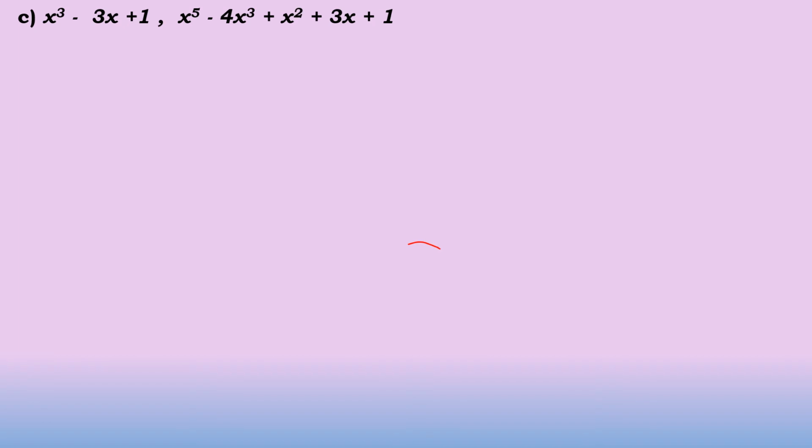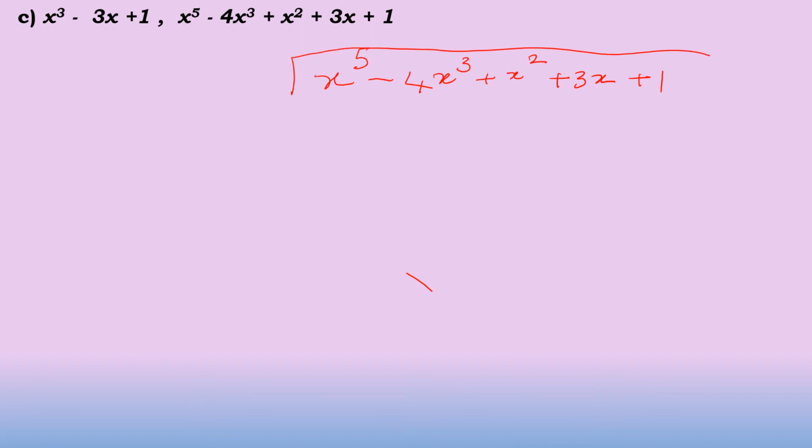Let us see. So our dividend is x to the power of 5 minus 4x cube plus x square plus 3x plus 1, and our divisor is x cube minus 3x plus 1.